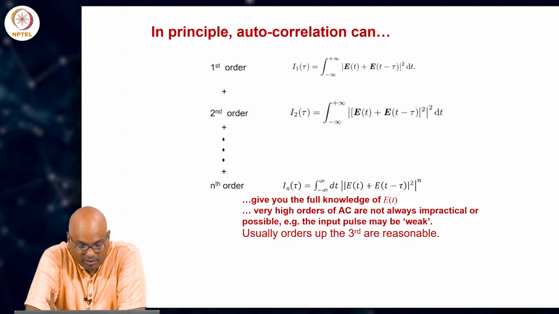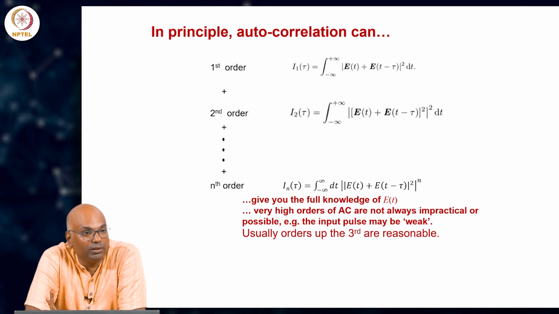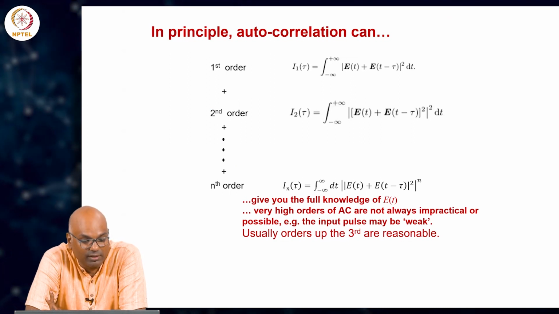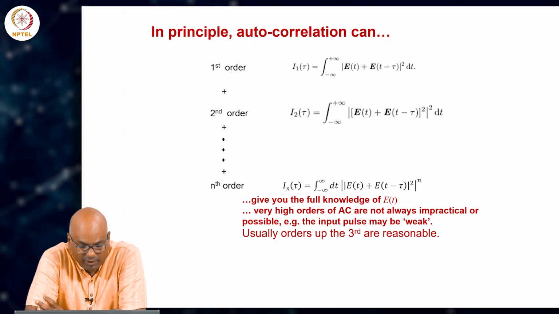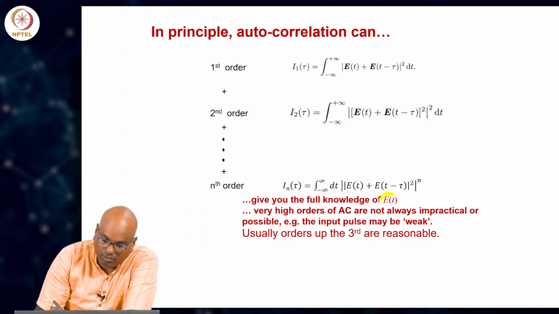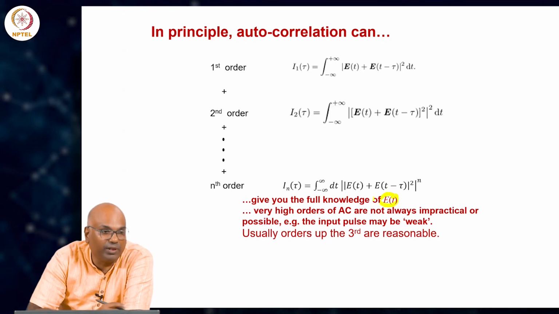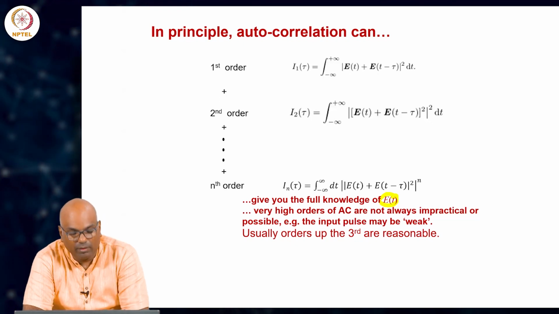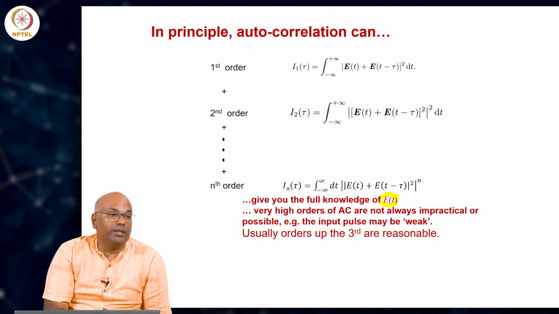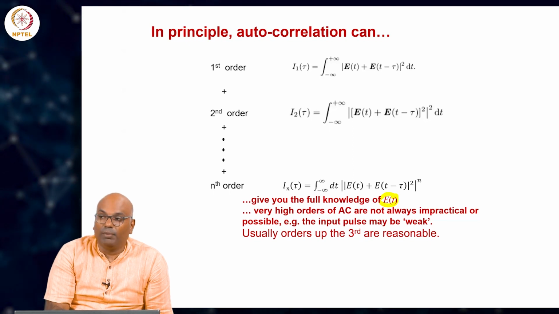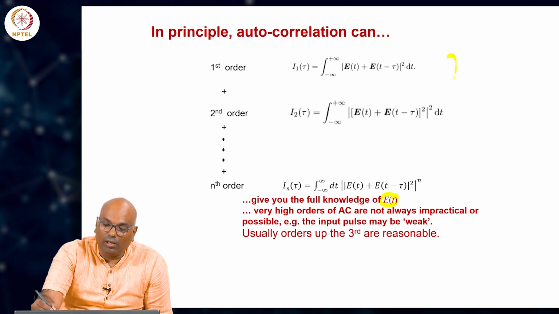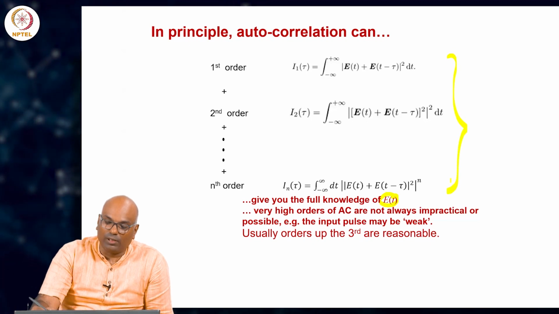Right now, before I proceed, I must make a statement of how good autocorrelation as a technique is. If we want to have a full knowledge of E of t, which is what pulse metrology is, then what we need in order to get a complete knowledge of the pulse is to do higher and higher orders of autocorrelation.